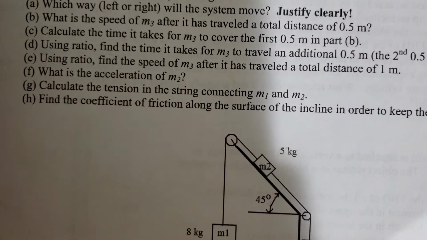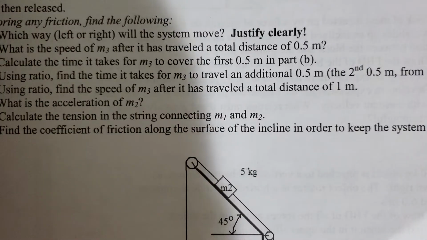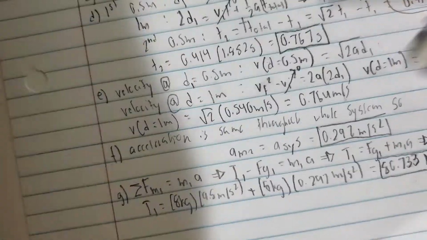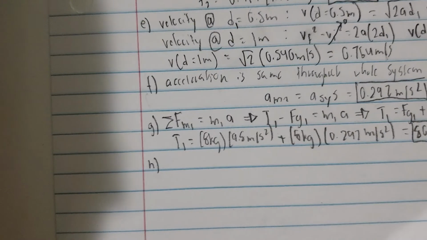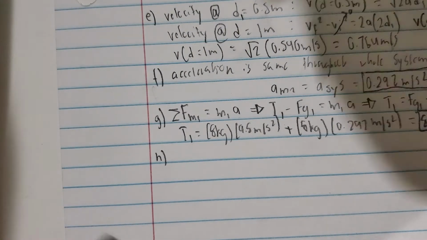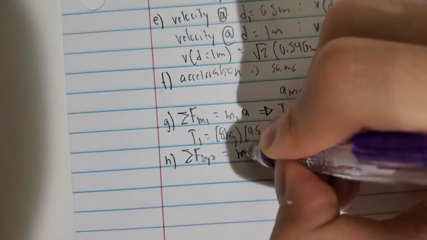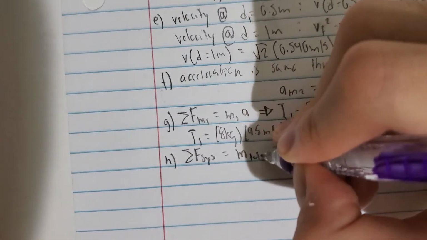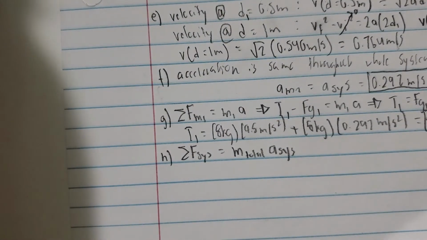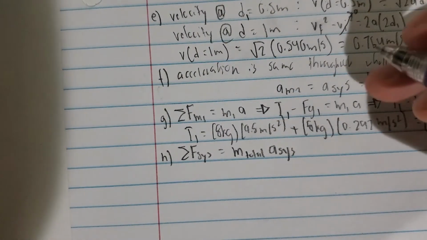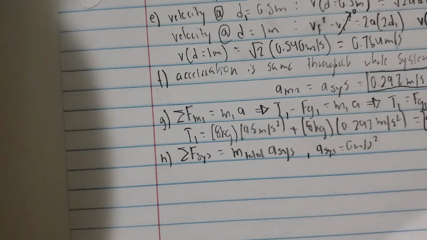Part G asks us to find the coefficient of friction along the surface of the incline in order to keep the system stationary. I'm going to use Newton's second law once again. The total force on the system is equal to M total in the system times A, the acceleration of the system. Since we want to keep this system stationary, the acceleration of the system is going to be equal to 0 meters per second squared.